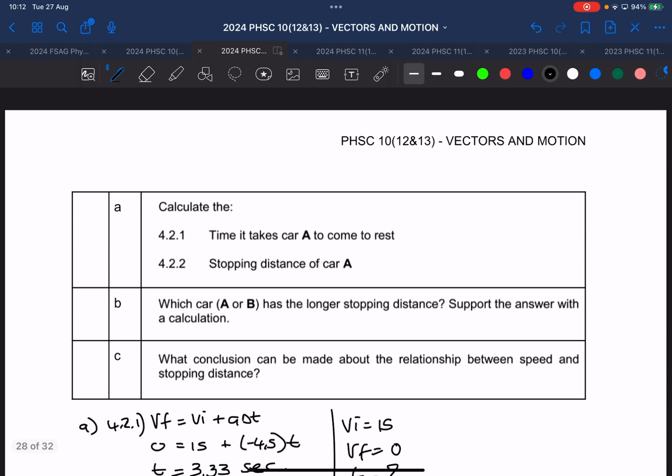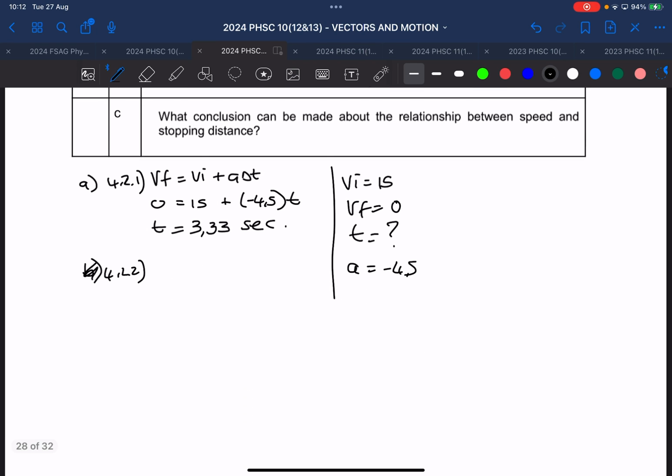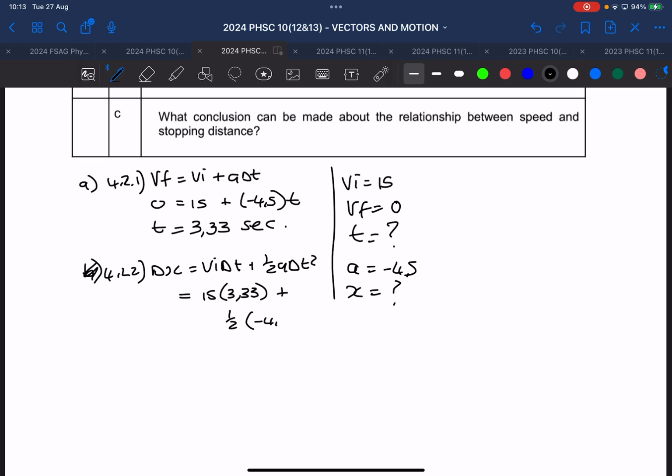Okay. 4.2.2. They ask the stopping distance of car A. So now they want the distance, how far will it need to come to rest. So here, again, you could have used a lot of different formulas because now you have a lot of different information. Plus a half times negative 4.5 times 3.3 squared. Did you use this one, Trust?